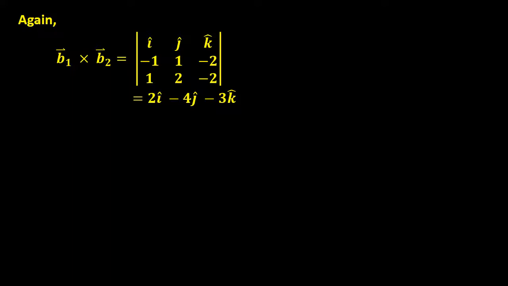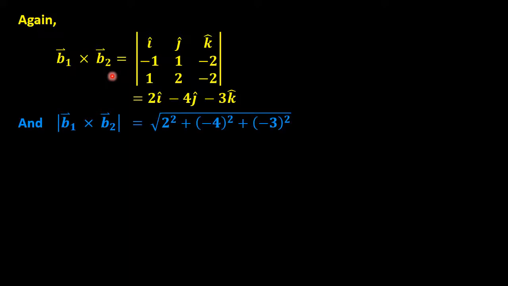And we also need to find the magnitude of this vector. So the magnitude will be given by under root 2 squared plus minus 4 squared plus minus 3 squared. And after simplification here, we get under root 29. And then we write the formula to find the shortest distance between the two lines.